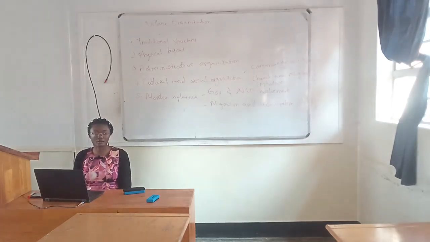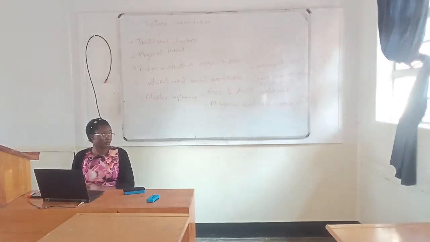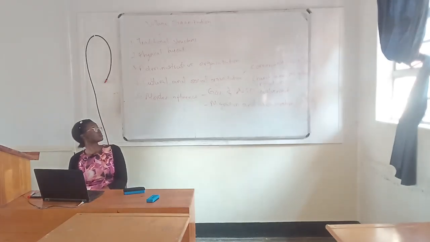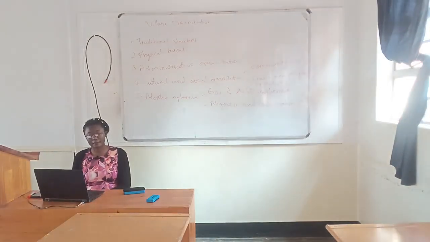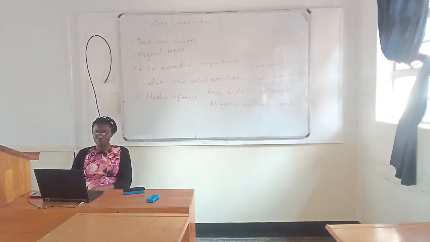So these are the modern influences, with which, with time, we will see changes in how culture or the traditional systems will be changing. If we have many people moving from the rural to the urban, it will have different dynamic effects on the social and economic structure of villages.